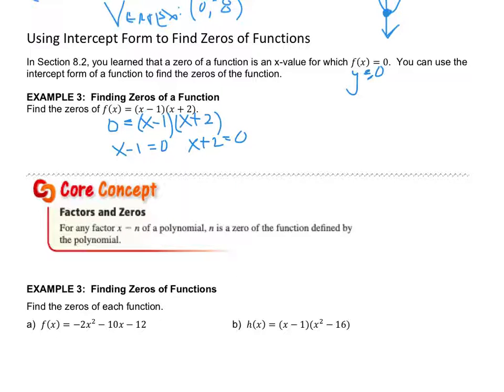So if x minus 1 equals 0, I would add the 1 to both sides to say x equals 1. If x plus 2, I would subtract 2 from both sides, and it's now negative 2. So to find the zeros, these two answers are my zeros.